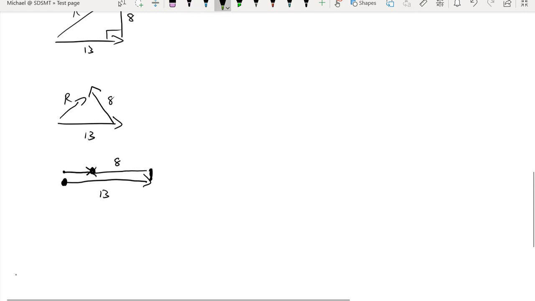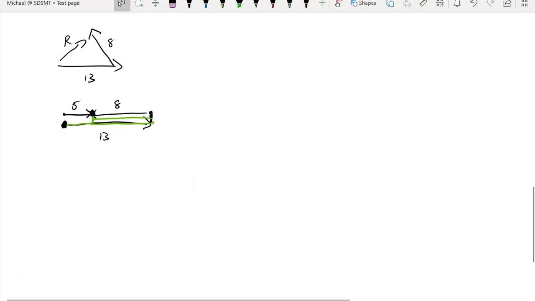So when I travel out on the 13 meter vector and then I backtrack 8 meters, well, I've only got 5 meters left. And so it turns out that 5 meters is the absolute smallest vector that I can possibly produce.